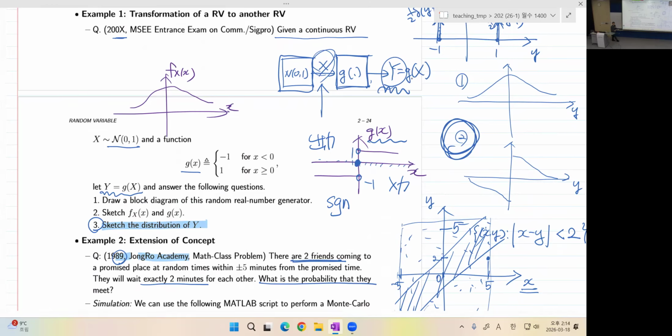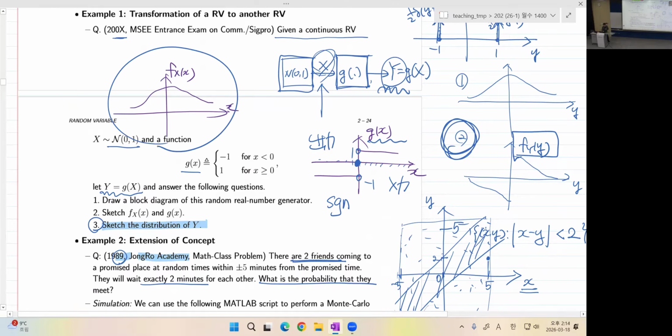And many students, even though they took the introductory probability and random processes, most of them just forgot and gave me a very shocking result like this. So some claimed that the output PDF looks like this because this is the input, this is the mapping rule, output should be this.